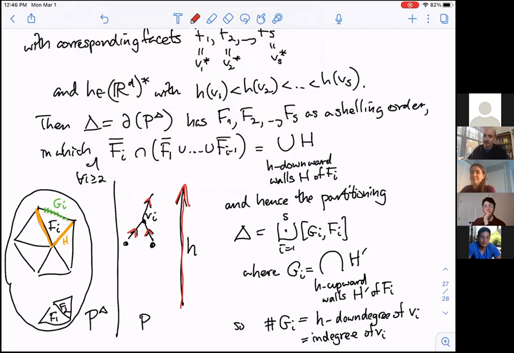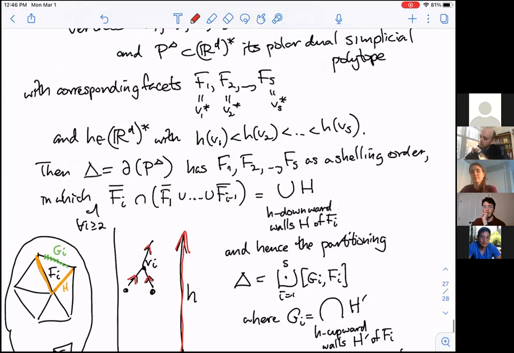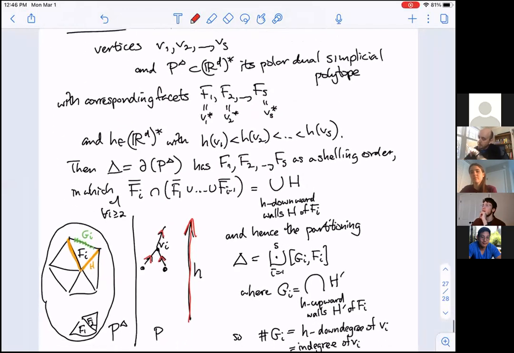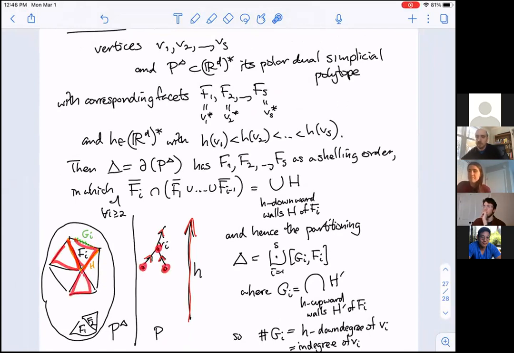Can I ask where the big F's came from? Are these pre-given? Right, so the facets in P dual correspond to the vertices in the polar. So I'm trying to shell this thing as a simplicial complex. What I'm doing is using the H ordering on the vertices in this polar dual.